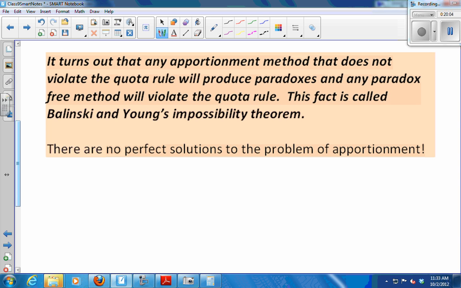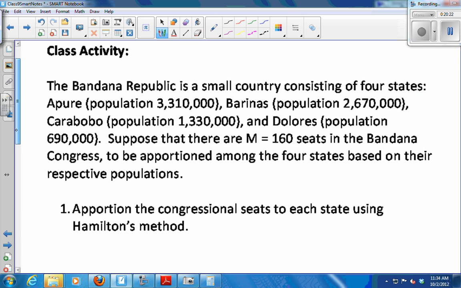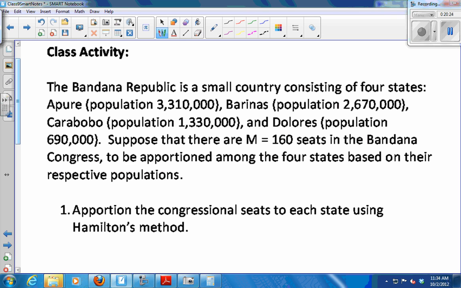So you get one or the other. You either have to violate the quota rule or have all these strange paradoxes pop up. So there is no perfect solution to the problem of apportionment, only better solutions than others. Okay, so for your activity in class, I'm going to have you work through some of these problems.